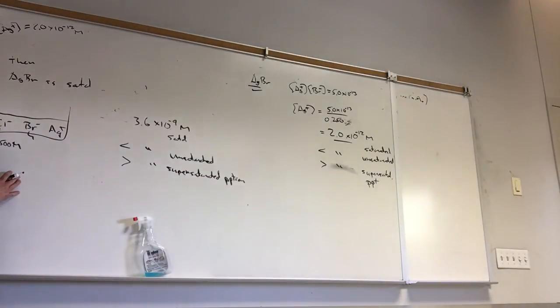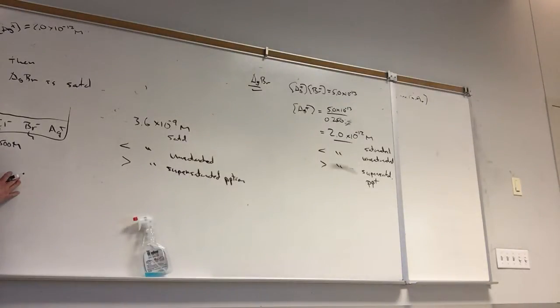In the original setup, did I have it 0.250 chloride or 0.250 bromide? Bromide? All right. I didn't want it that way, but it's okay. 0.250 bromide, and the silver ion concentration is 2.0 times 10 to the minus 12 molar.